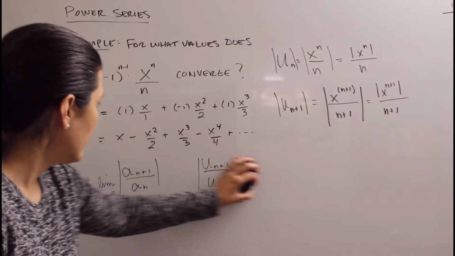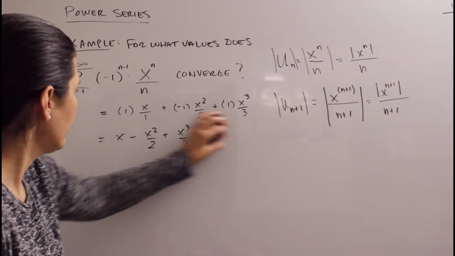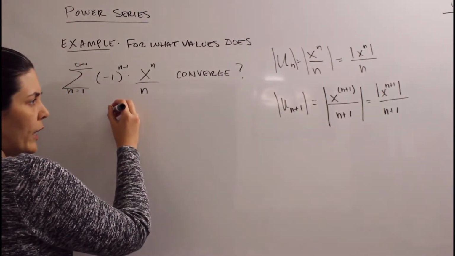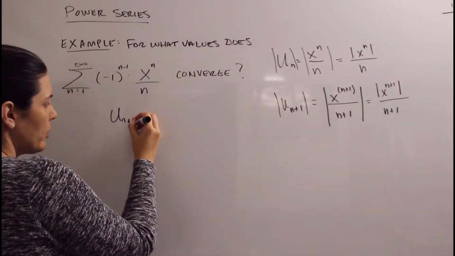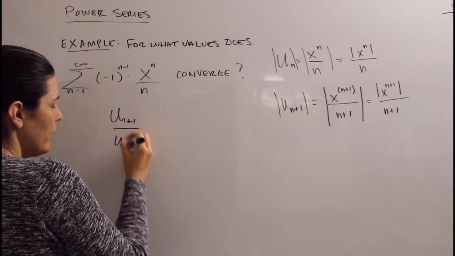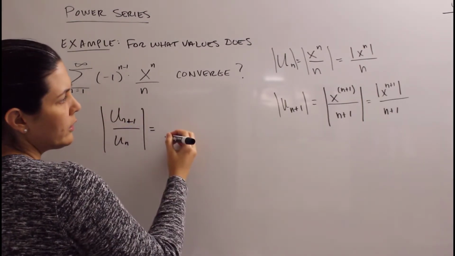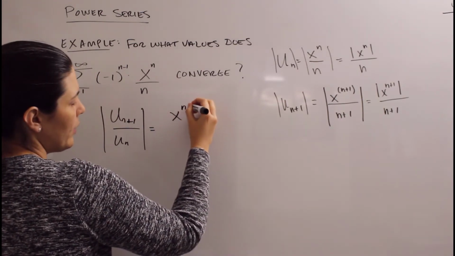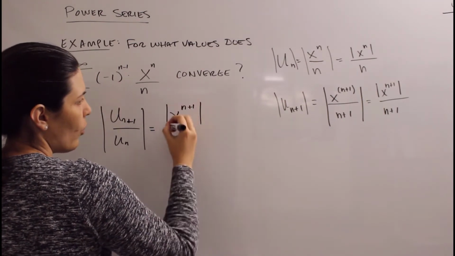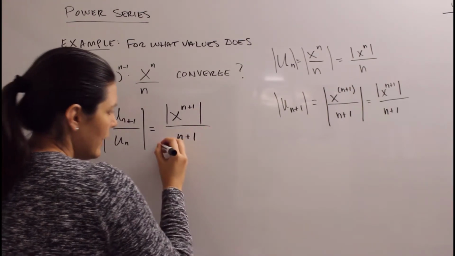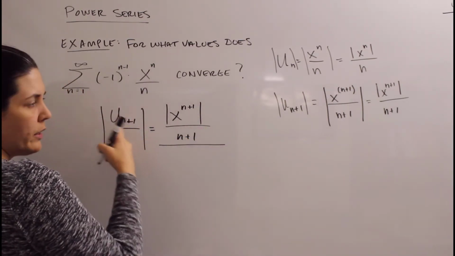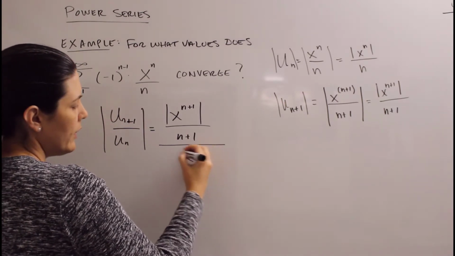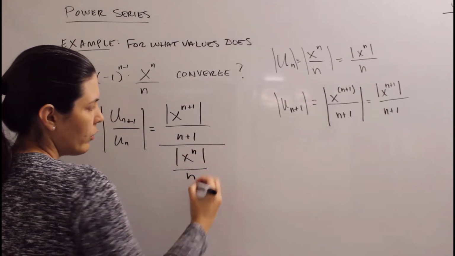So let me just clear this out a little bit. Don't really need to write this series expanded right now. So we are going to divide u sub n plus 1 over u sub n, absolute value. So that looks like, and I'll just write it in a few steps, x to the n plus 1 over n plus 1 divided by x to the n, absolute value, over n.